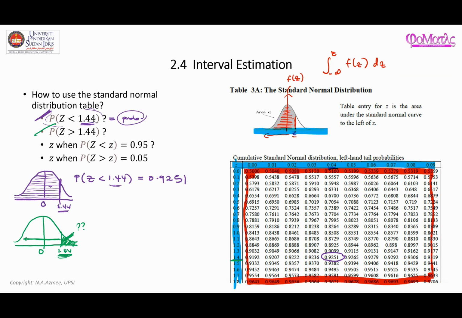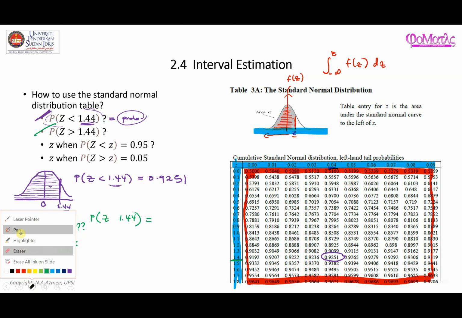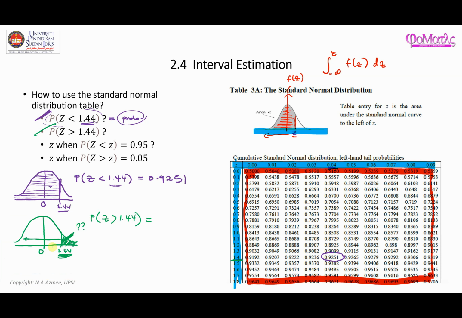The answer cannot be obtained directly from the table, but we can do a simple modification. This area can be found by taking 1 minus the area to the left. Why 1?